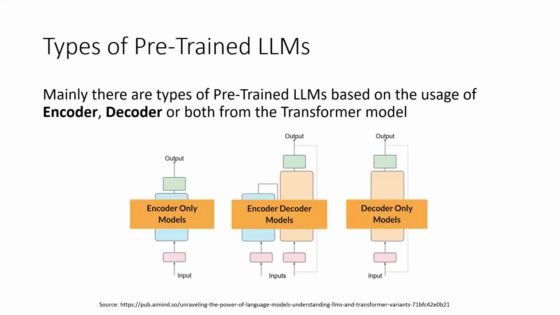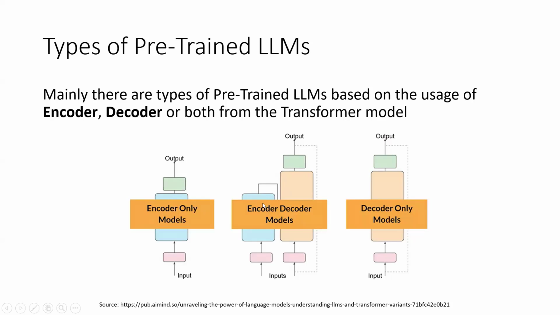So if you wanted to train a large language model in its pre-training phase, first you have to decide what architecture you are going to use. The transformer paper, published in 2017, introduced an encoder and decoder model, which you can see in the middle, right?